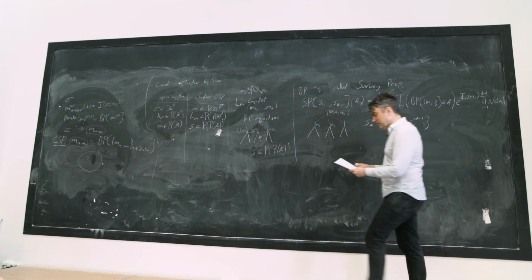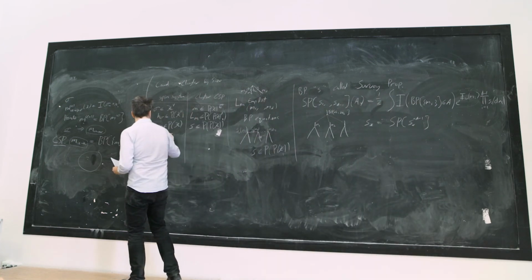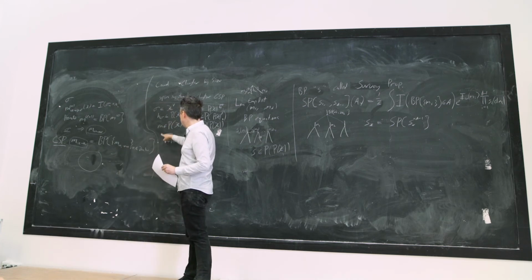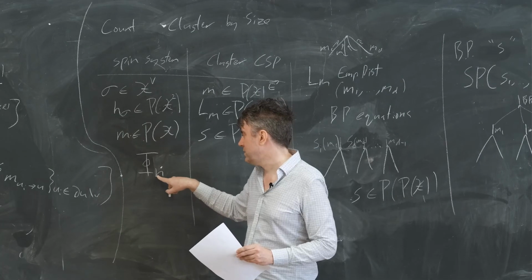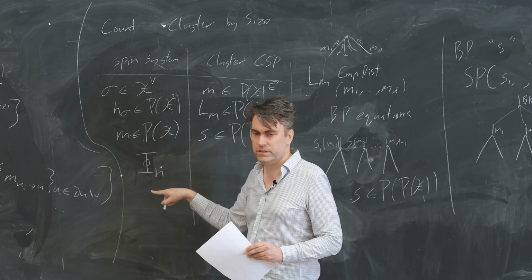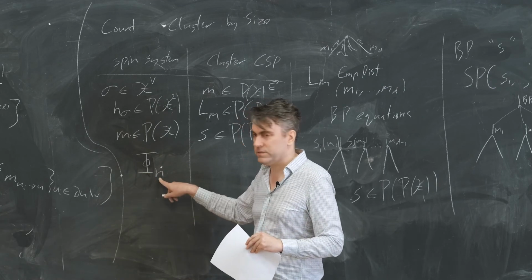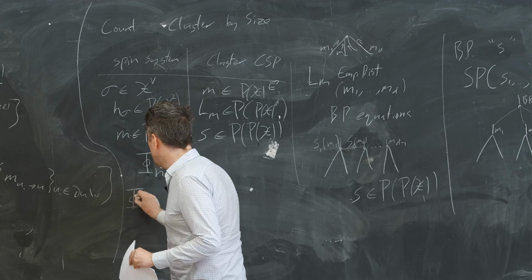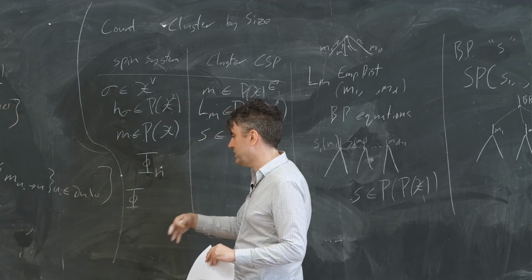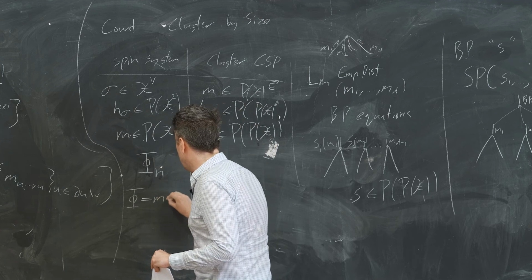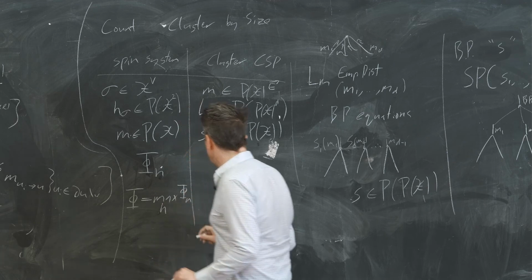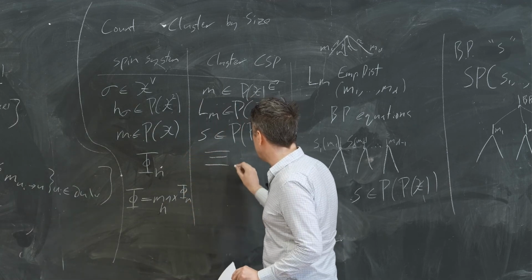And then for each empirical distribution H, we said there's some contribution to the partition function. We had a formula for this in terms of the entropy of H and the weights, and the overall limit of 1 over n log of the expected value was given by the maximum over H of phi of H. So we can just do the analog of that.